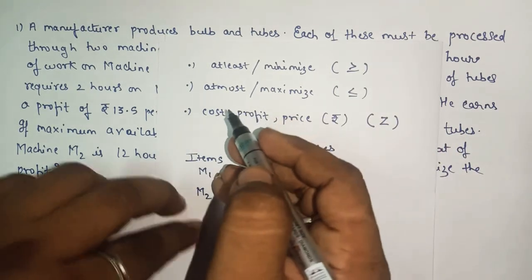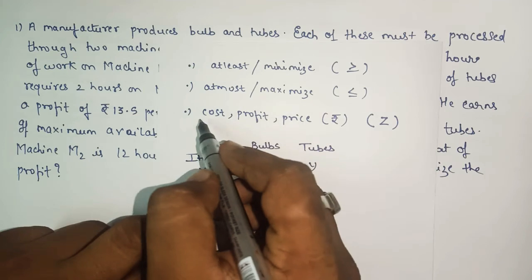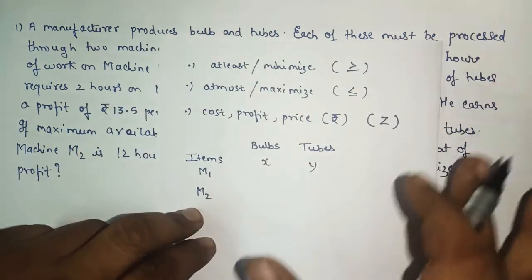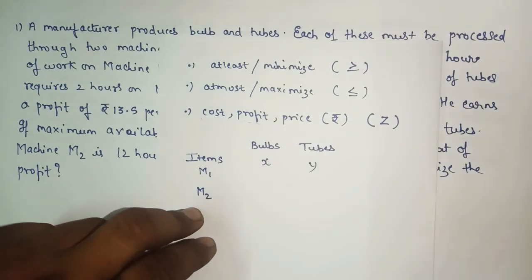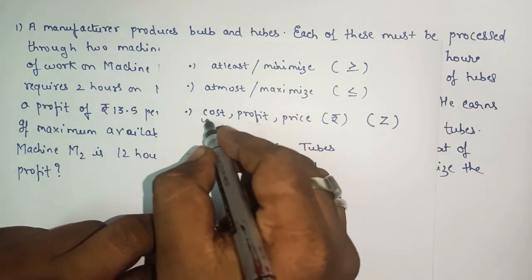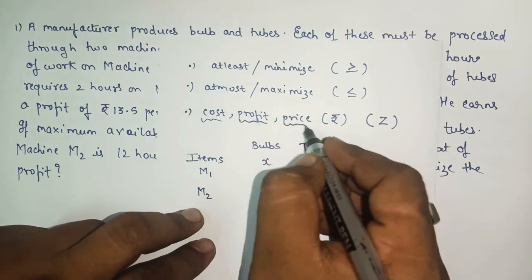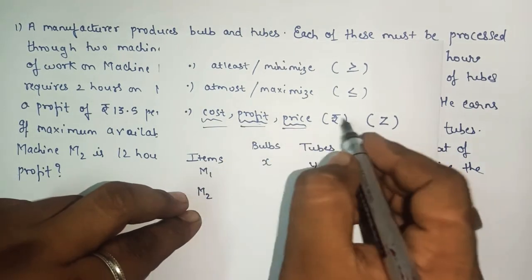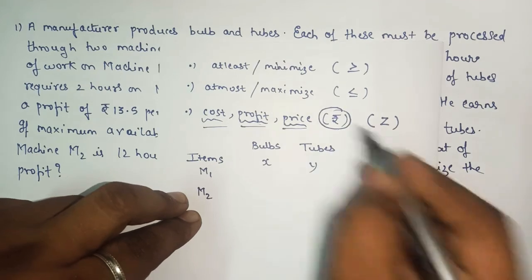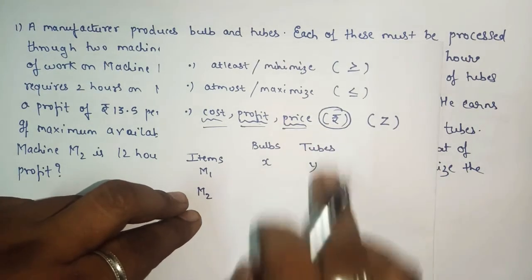Whenever you see cost, profit, or price mentioned in the statement of the sum, for all three, what will be the unit? The unit will be rupees only.